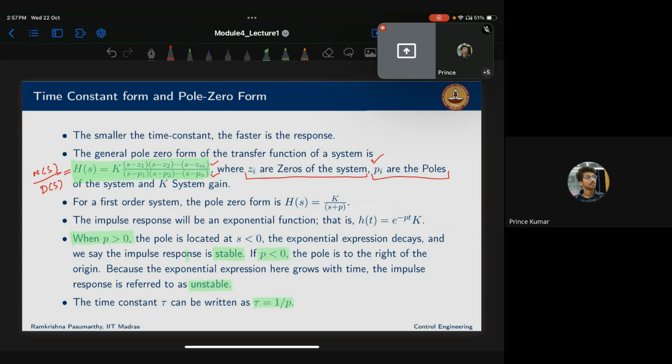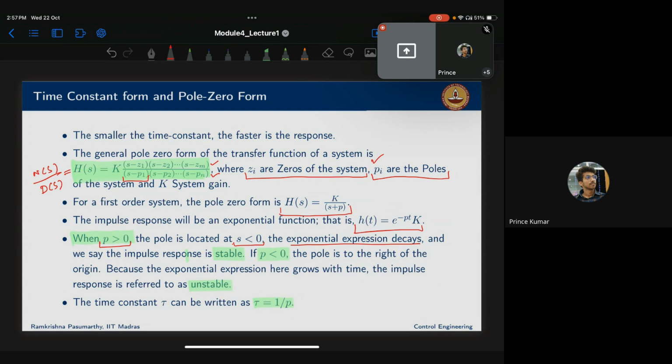Let's say when this pole is greater than 0, it means the root of this D(s) is located at s less than 0. Then this exponential expression decays. Let's say for a first order system, you'll have only one pole because the order is 1.